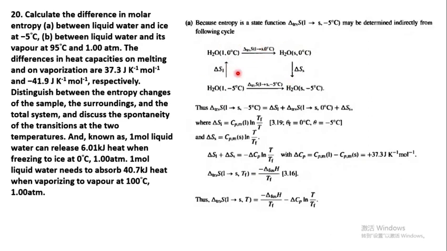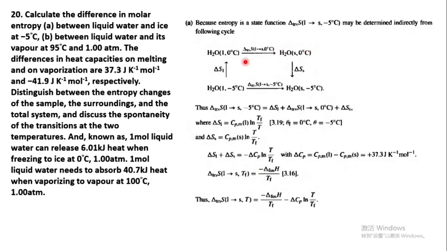The first process is a temperature change process, but the water still keeps the liquid state, so the temperature goes from -5 to 0. The second process is a state transform process. It means the water changed from the liquid state to the solid state.